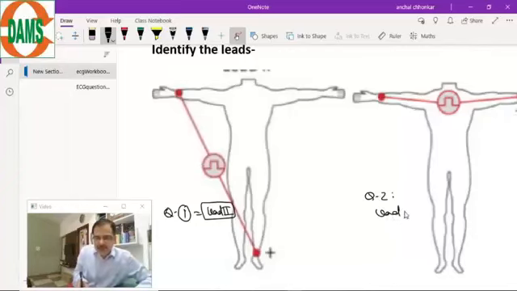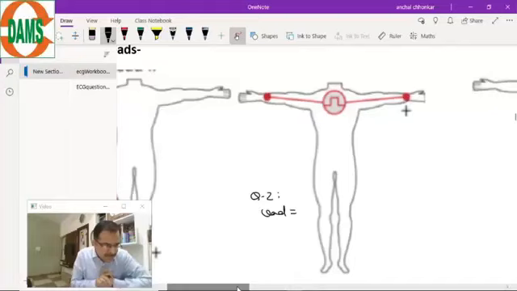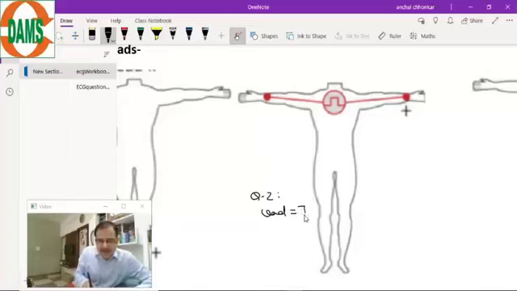Which lead is this lead? Yes, this is lead 1. You can see the positive pole is on the left upper limb and the negative pole is on the right upper limb.